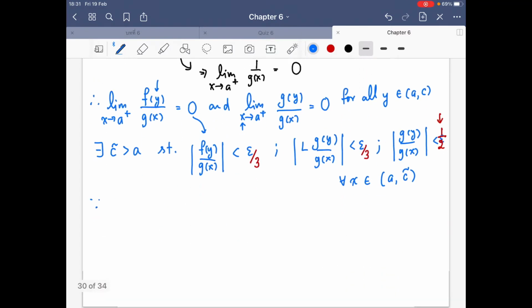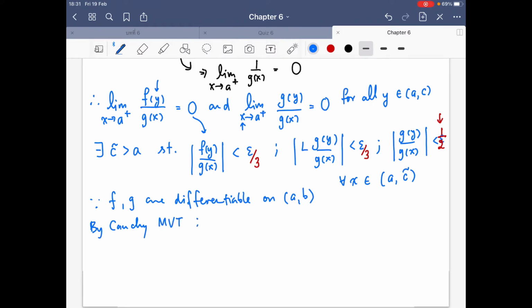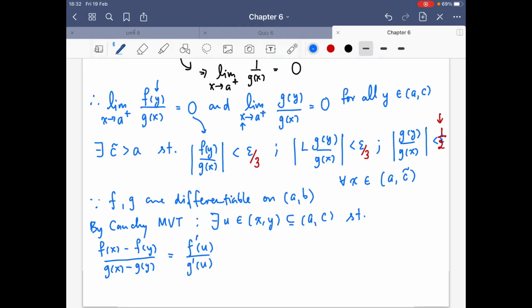Since f and g are differentiable over the interval from a to b, by the Cauchy mean value theorem, you can find a point u inside the open interval (x, y), which is a subset of (a, c), such that this quotient (f(x) minus f(y)) over (g(x) minus g(y)) equals f prime(u) over g prime(u). So keep this in mind first.